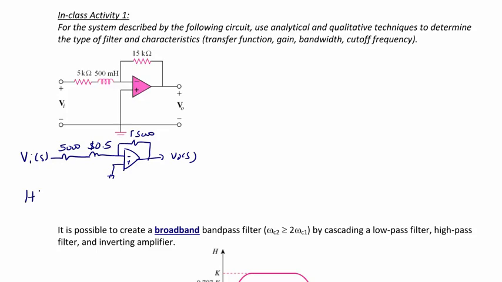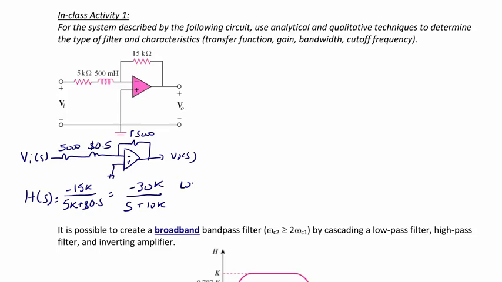So first we will determine the transfer function. The transfer function is negative 15K over 5K plus s 0.5, which simplifies to negative 30K over s plus 10K.